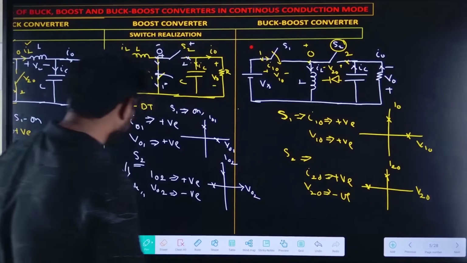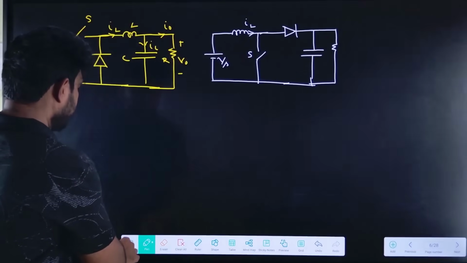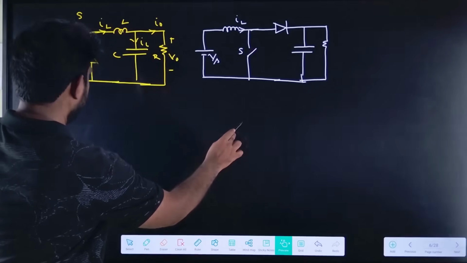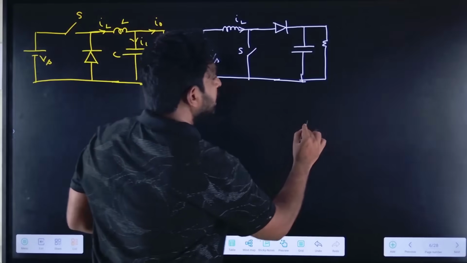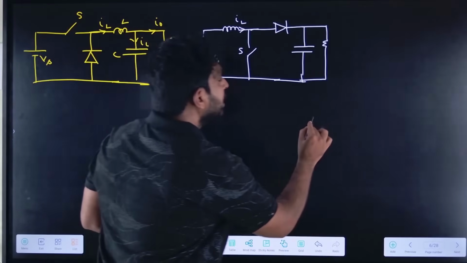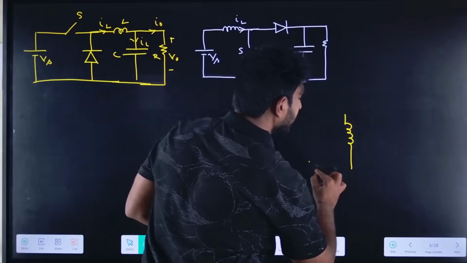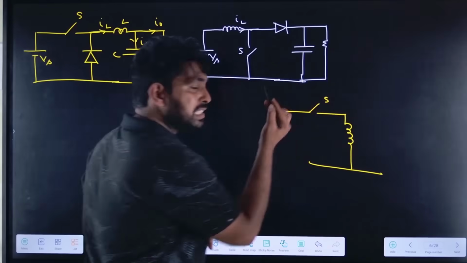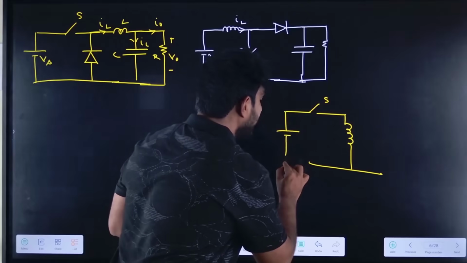So now let me draw the circuit here. If I draw the buck boost converter, how would it be? The inductor is at center, right? The switch S is replaced by either IGBT or MOSFET or transistor. Here the source is connected.